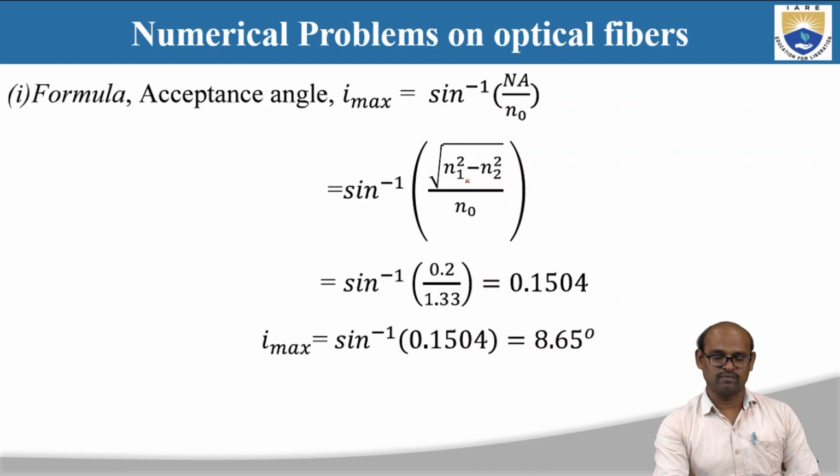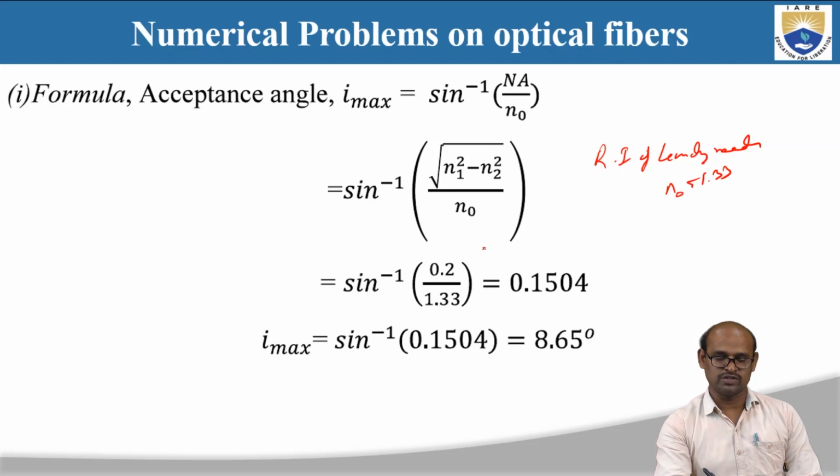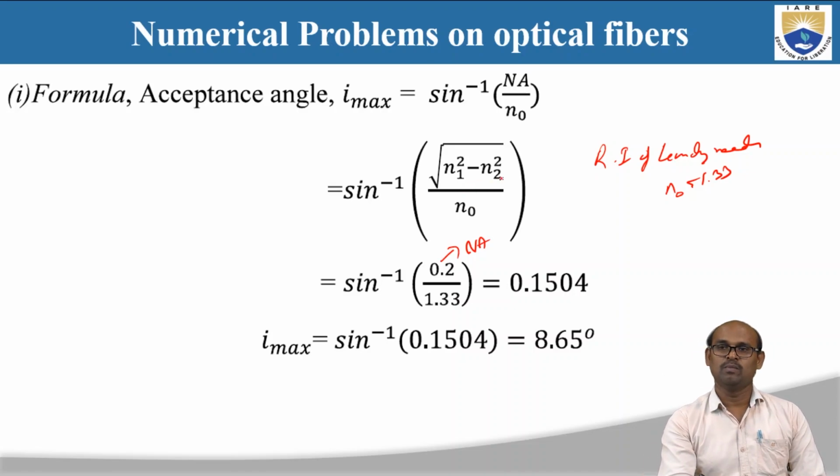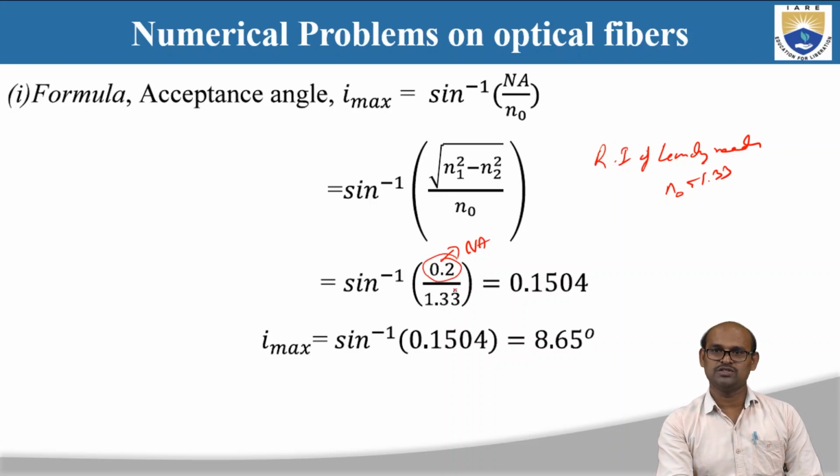They have given the numerical aperture as 0.2, and the refractive index of the launching medium, n naught, is 1.33. If you are taking air as the launching medium, then the numerical aperture is square root of n1 square minus n2 square directly. But here you are taking water as the launching medium, so substitute this as the numerical aperture, and then n naught as the refractive index of the launching medium.